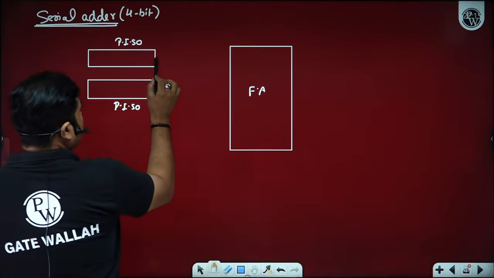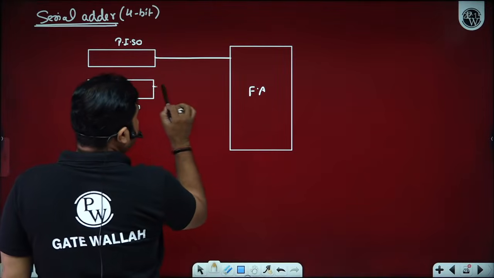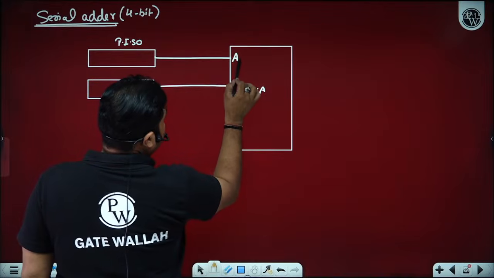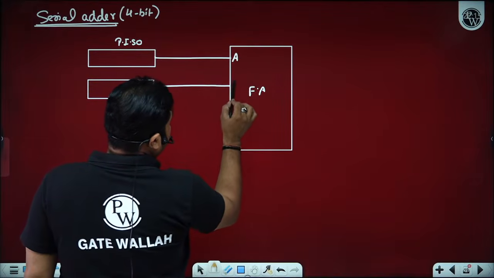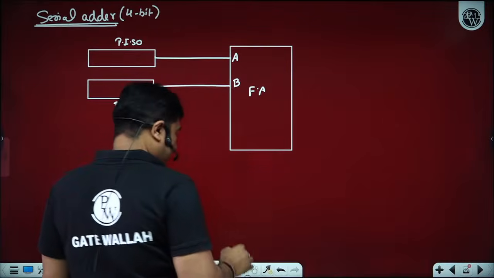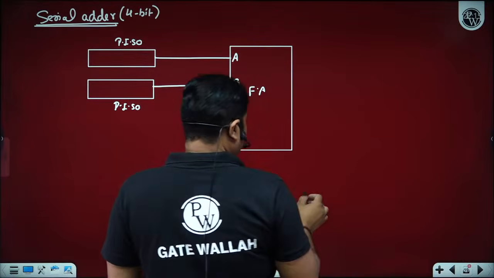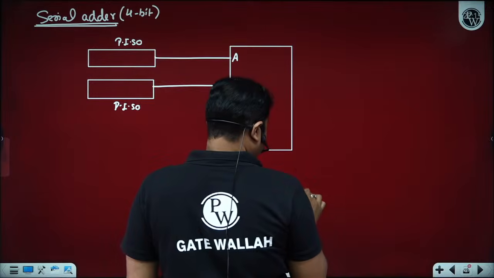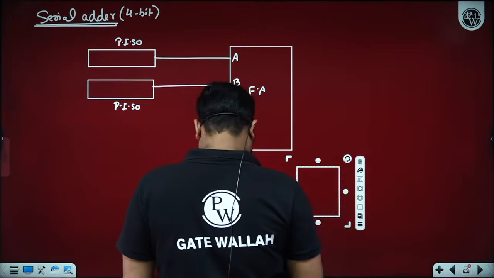Their outputs are connected like this. This is your A0, B, and we have C as well. For that, we are using one D flip-flop.